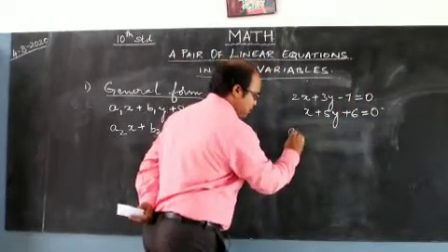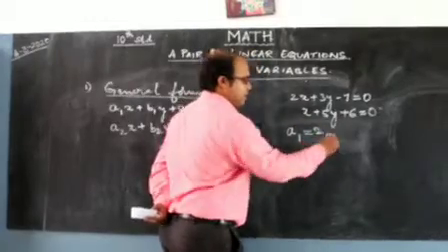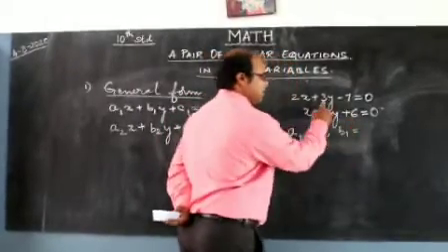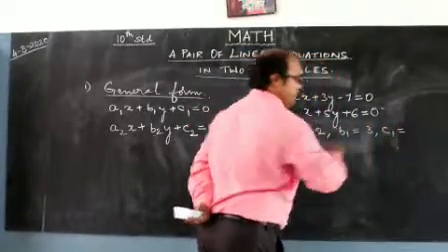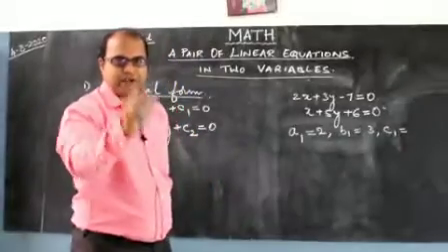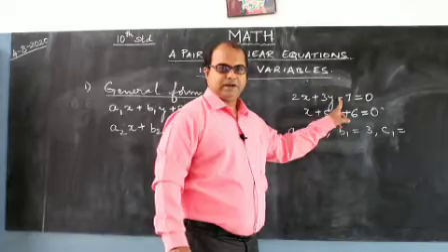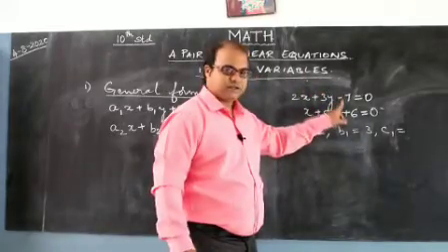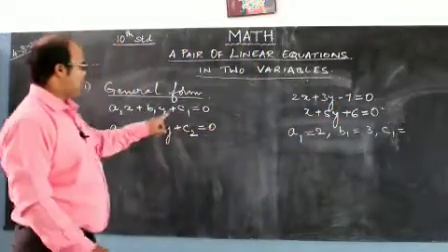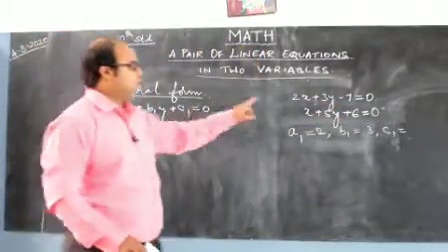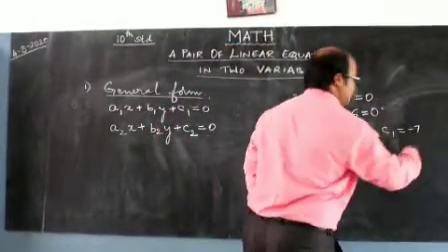Okay, so what is the value of a1? a1 is 2, b1 is 3, c1 is, here you should be very careful, because you can see minus sign here. You understand? When minus is there, you should take this full, because in the general equation we don't have minus, we have plus. Since we have minus here, c1 value will be minus 7.